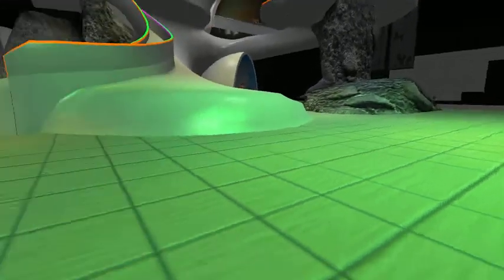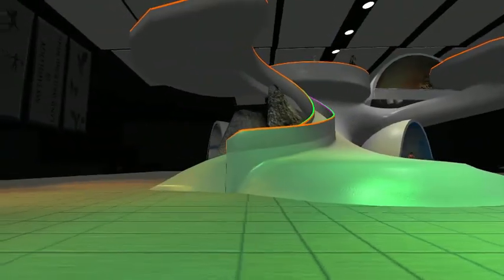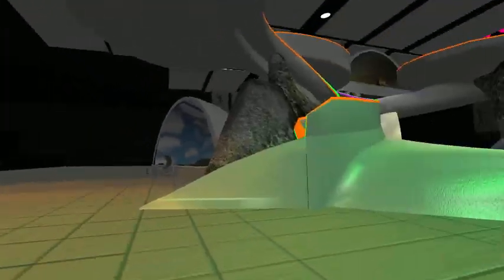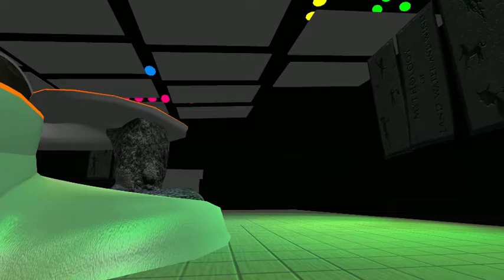So this double row of green lights here will probably just be 1 or 3 green lights next to each other, and things like that, because it really looked strange.